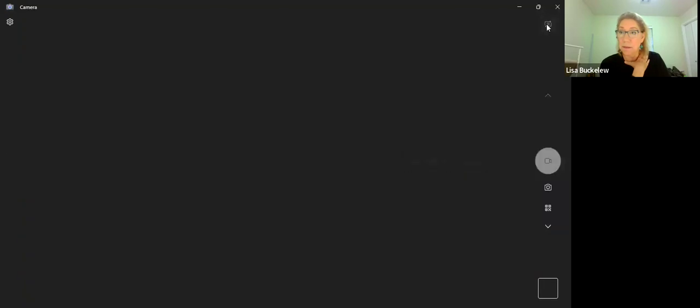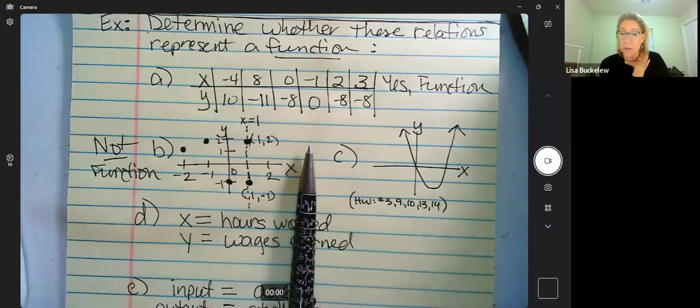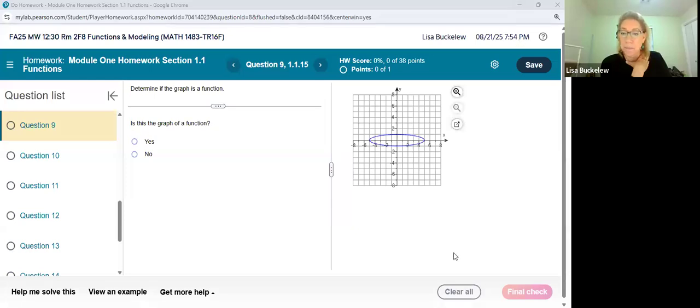Hang on. Let's put that back. I'm going to stop sharing that and then go share the... I think it's here. No, pardon me. Let me go grab the right image.